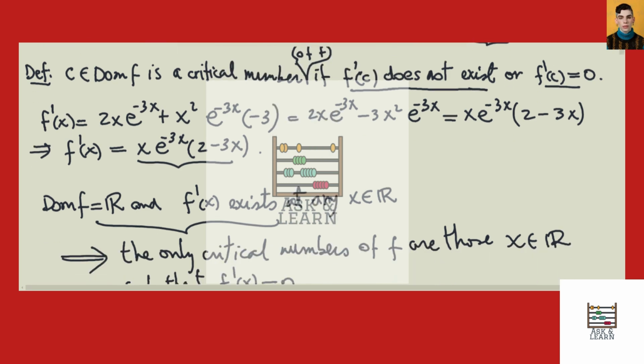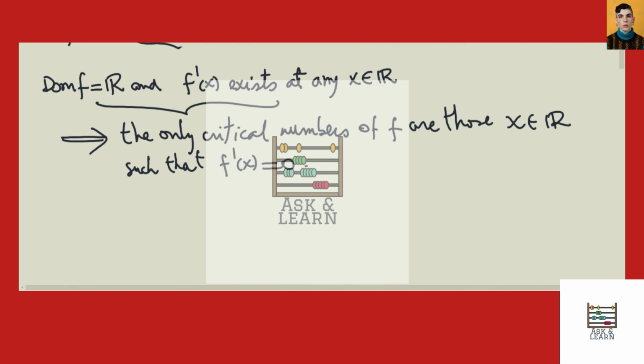So the critical points can only be those values for which the derivative is zero.